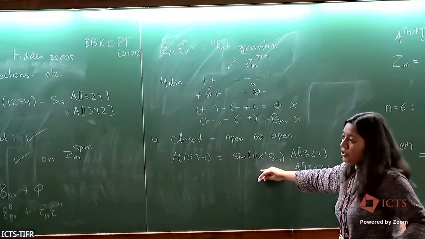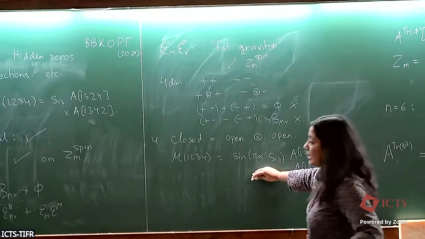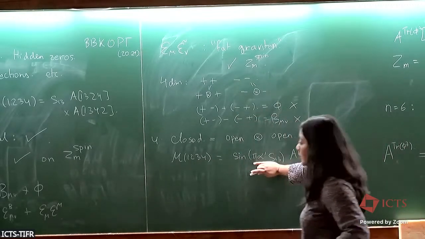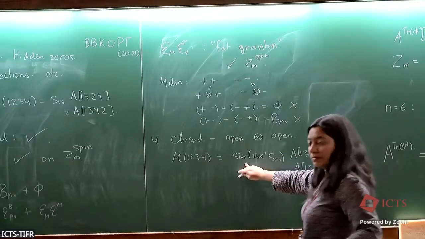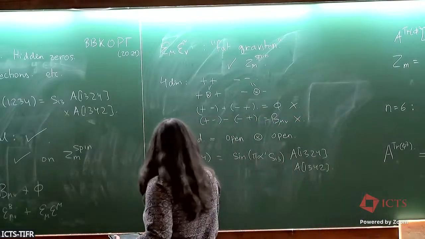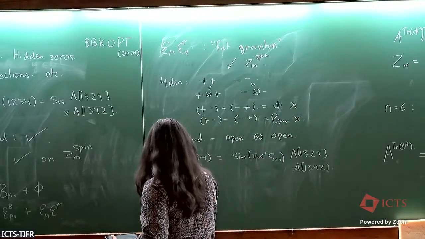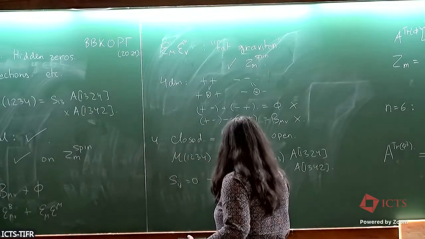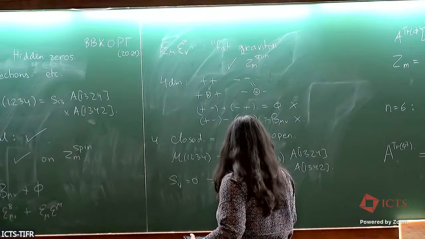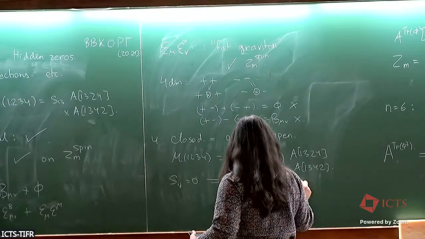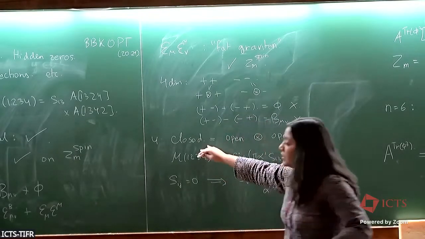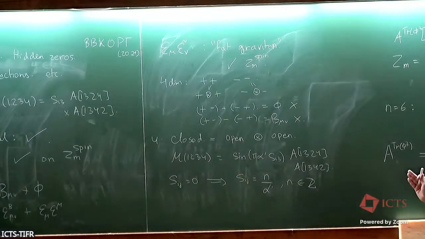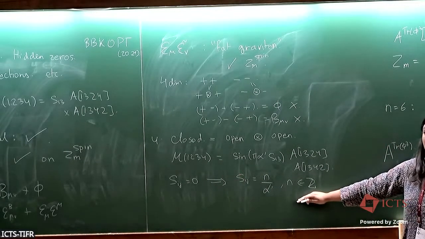This actually continues beyond this 4-point example. So at any endpoint, you're replacing S by sine of S. But what that means is that now my 0 locations have just moved from Sij equals 0. Now I get Sij equals n over alpha prime, where n is an integer. So you can show that closed string amplitudes at n point now have to have zeros at these locations.